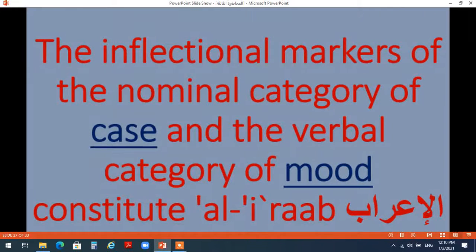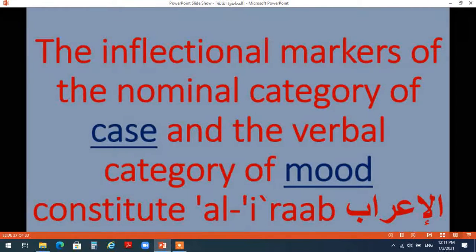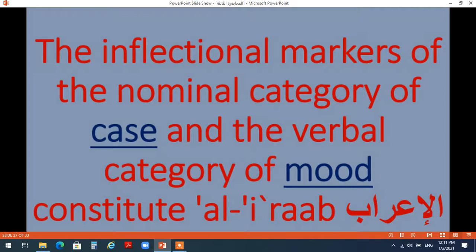The inflectional markers of the nominal category of case and the verbal category of mood constitute الإعراب. إذن ما هو الإعراب أو ماذا نعني بالإعراب باللغة العربية؟ نقصد به العلامات التي تضاف إلى أواخر الكلمة لتبين لنا الحالة الإعرابية للكلمة. فإذا كانت الكلمة اسم نسمي الحالة الإعرابية case، يعني من أقول case معناها حالة الاسم الإعرابية. وإذا كانت الكلمة فعل فنطلق عليها mood، أي بمعنى الحالة الإعرابية للفعل.